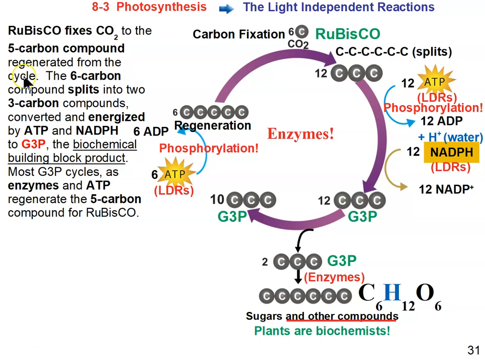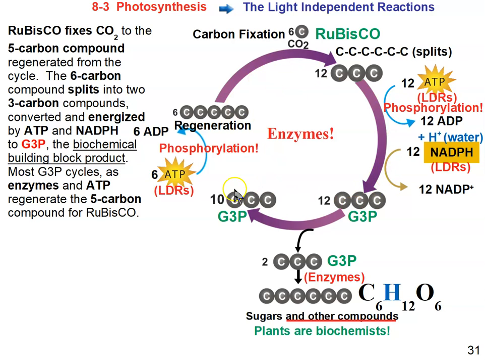5-carbon compound regenerated from the cycle. Rubisco fixes CO2 to the 5-carbon compound regenerated from the cycle. The 6-carbon compound, which is here, splits into 2 3-carbon compounds. That's converted and energized by ATP and NADPH to G3P, right? So now we have G3P. The biochemical building block product of the Krebs cycle, or I'm sorry, the Calvin cycle.